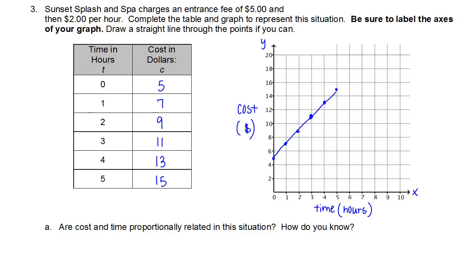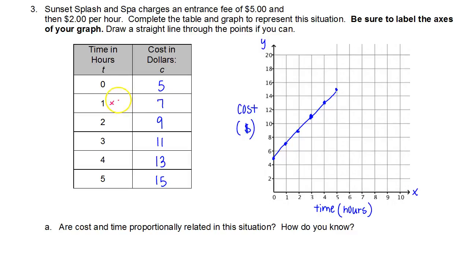And they want to know if cost and time are proportionally related and how we know. So you might be saying, yes, because it's always $2 per hour. But remember, I know if it's proportionally related if I can always multiply by the same number. So I'm going to multiply time by some constant value to get the cost.